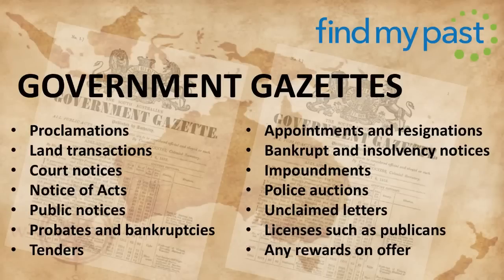You may also come across various lists. For example, in the 1833 New South Wales Gazette, there is a list of prisoners of the Crown who were given tickets of leave.